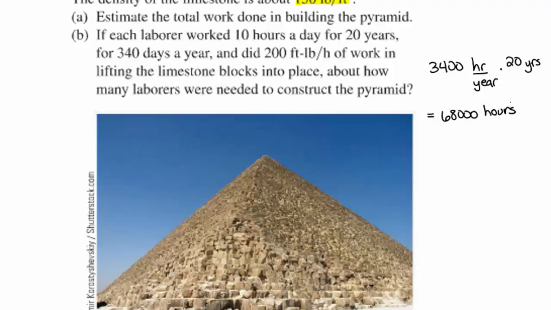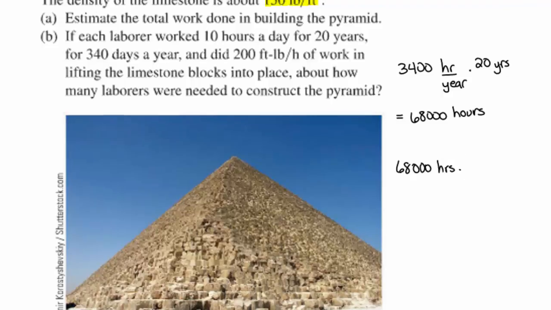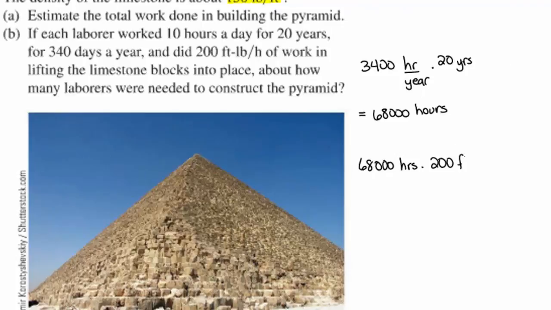And a single person, we have 200 foot-pounds per hour that person worked. So if you take that 68,000 hours and you multiply it by the 200 foot-pounds per hour, those cancel.